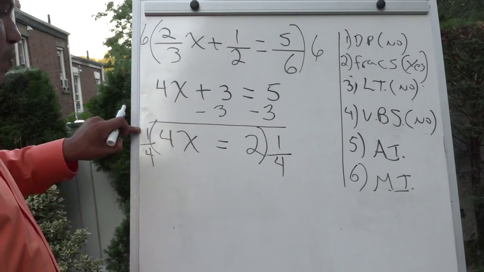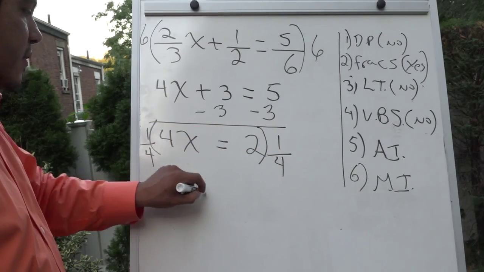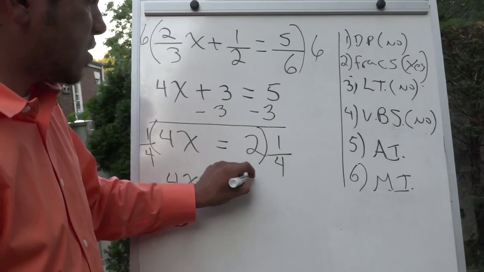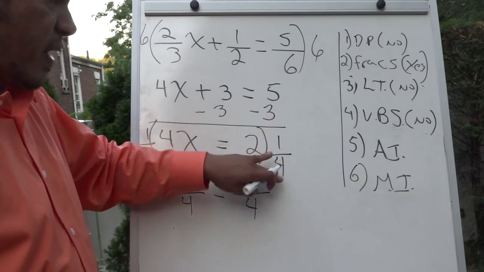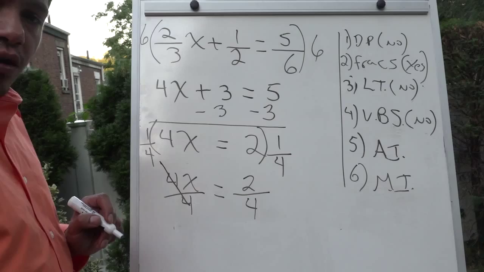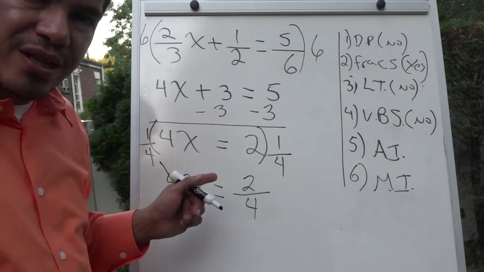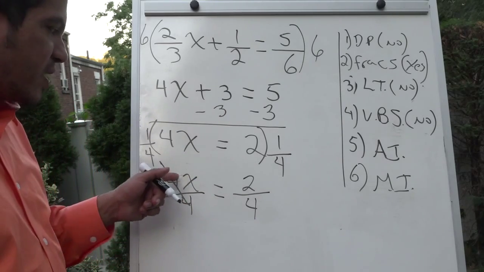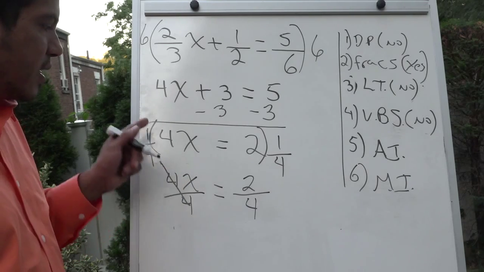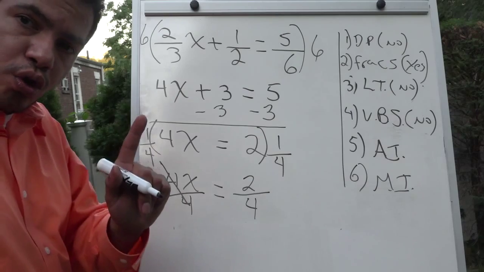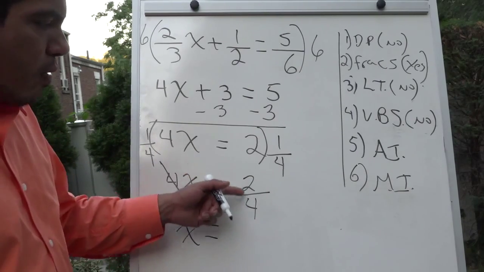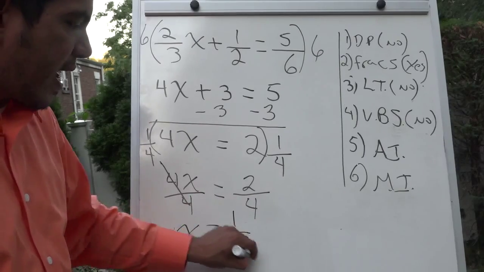So 4x times 1 is 4x divided by 4. 2 times 1 is 2 divided by 4, or over 4. The 4's cancel out, but that doesn't mean that they become 0. Otherwise, you would lose your variable, because 0 times anything is 0. So 4 divided by 4 is 1. So it's 1x, and 2 over 4 can be simplified to 1/2.